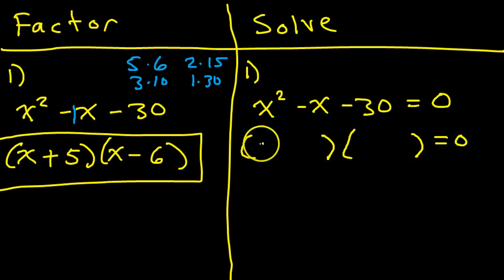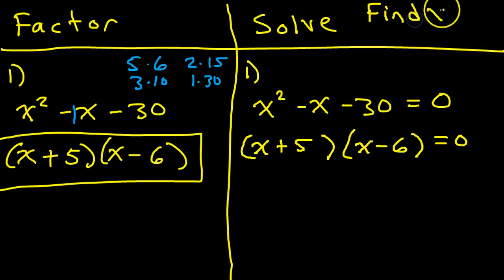We're going to factor this, and as you just saw, it's going to be x plus 5 times x minus 6. But we don't stop there. That's just factoring. Solving is like finding x, or whatever the variable is. So we need to go all the way until we get x equals something.